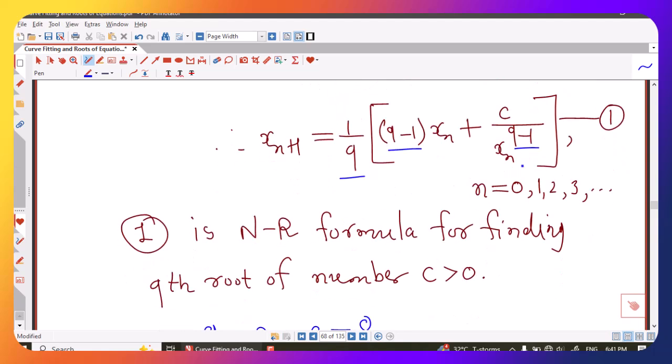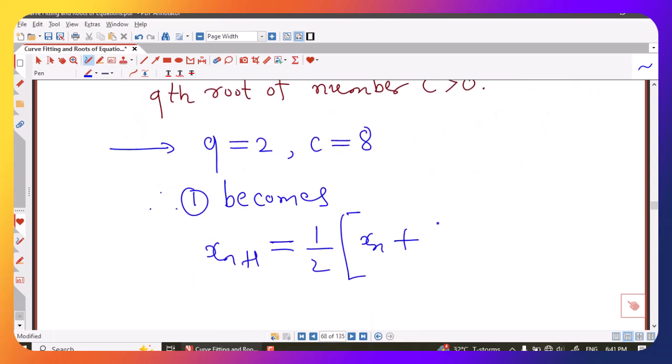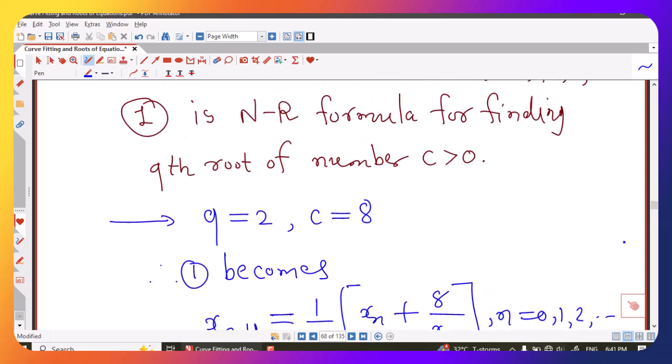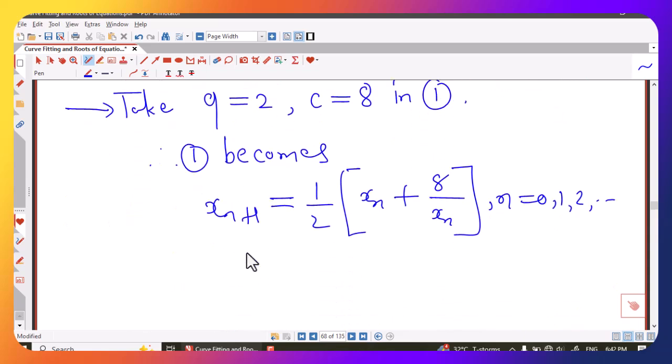So c divided by xn, and c is 8, so that is 8 divided by xn, and n is 0, 1, 2 and so on. So because we are interested in the square root of 8, we consider q equal to 2 and c equal to 8 in 1, and therefore 1 becomes this. So this is the formula to find out the square root of the positive number 8.